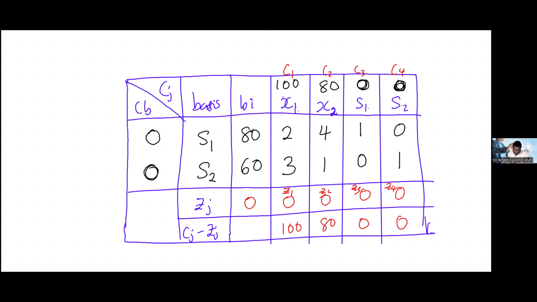So that is what we refer to as Cj minus Zj. Okay, so just trying to get rid of this extra marks here.